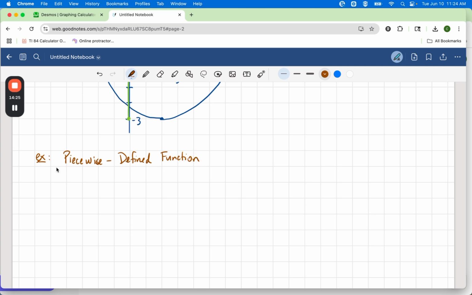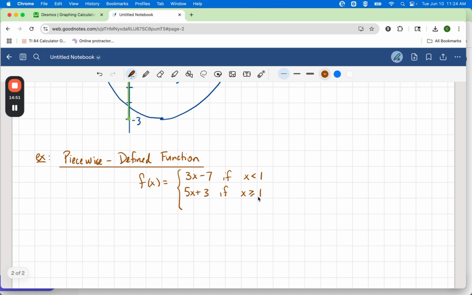Basically, it's telling you to use different formulas depending on what the domain is. So f of x equals, is saying use the formula 3x minus 7 if x is less than 1, and we're going to use 5x plus 3 if x is greater than or equal to 1.